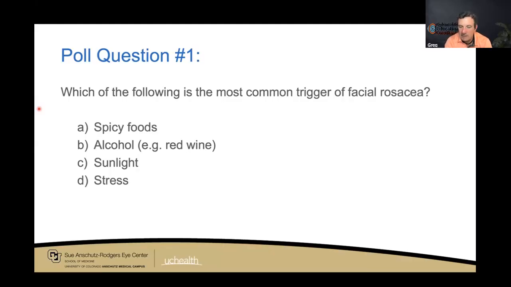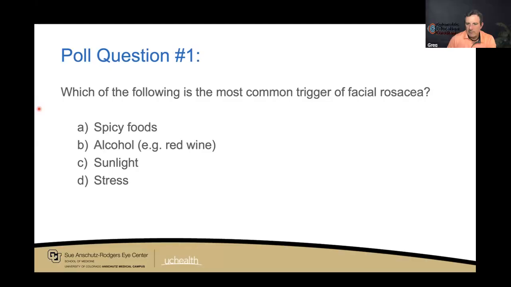So for the audience out there, when you see rhinophyma, that isn't something that just happened 5 or 6 weeks ago. And that one does have a gender predilection. And we're about to go into the 3 different types of facial rosacea before we delve into ocular rosacea.